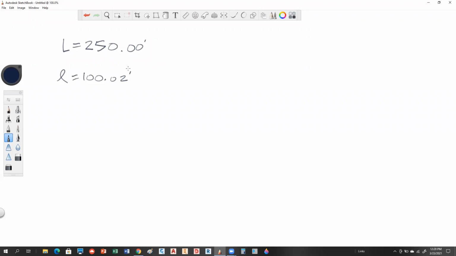Let's also assume that the temperature, when we were doing this measurement, was 30 degrees Fahrenheit, okay? So we want to know what is the true distance between points, okay?